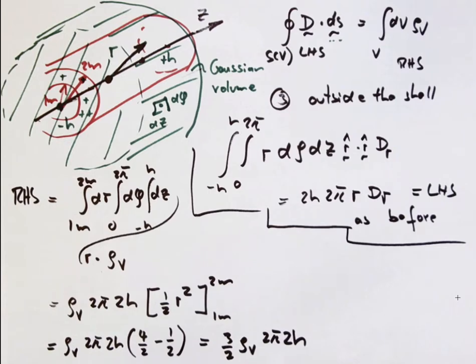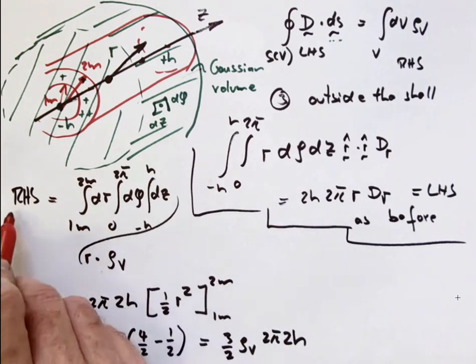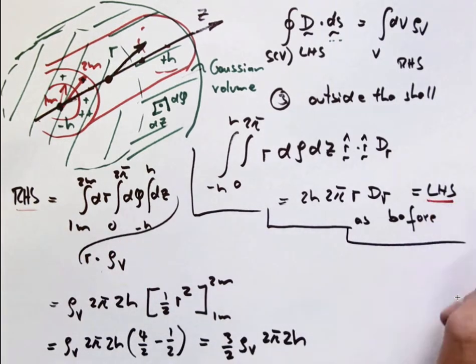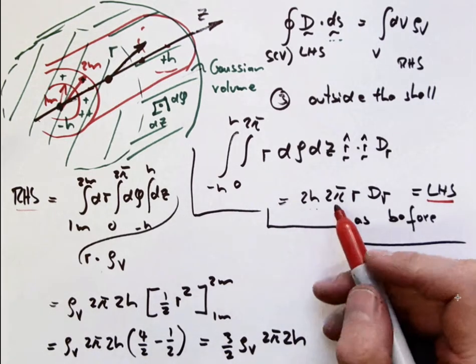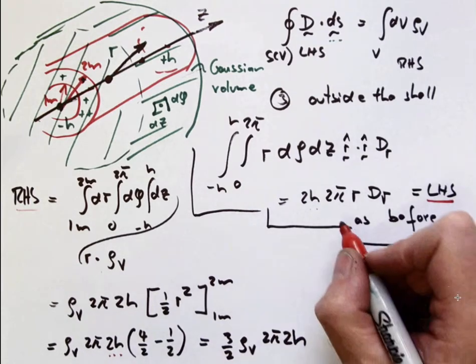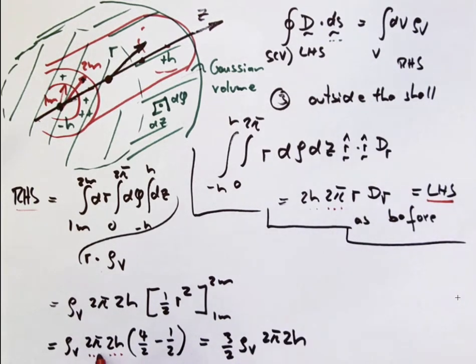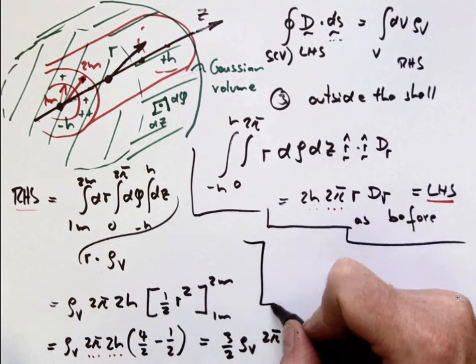If we now compare right hand side and left hand side and bring them together, we can see that this cancels with that, and this cancels with that, and there is an r and a Dr. So we want to bring this together.